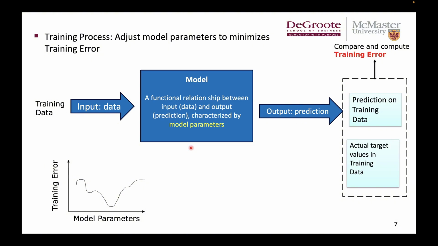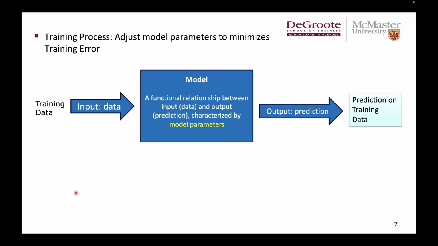So what we want is actually to adjust the model parameters in a way such that I can reach the lowest level of training error. So the target is really that I will adjust the model, adjust its parameters in order to minimize training error. In the current case, the training error is the discrepancy between the actual outcome, show versus no show, and the predicted outcomes. So that's how the training process works for most predictive models.